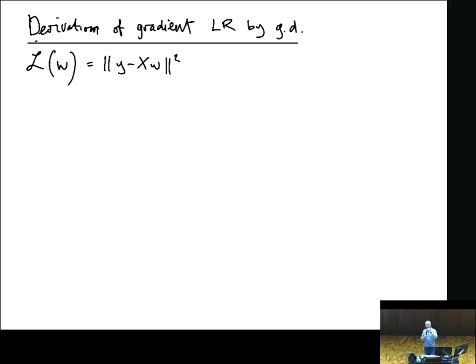P plus 1. Remember, sometimes we need P plus 1 because we want to think about the offset, and I'm actually going to talk a bit about that later. If you don't see it, just assume P, which is actually the number of columns plus 1.